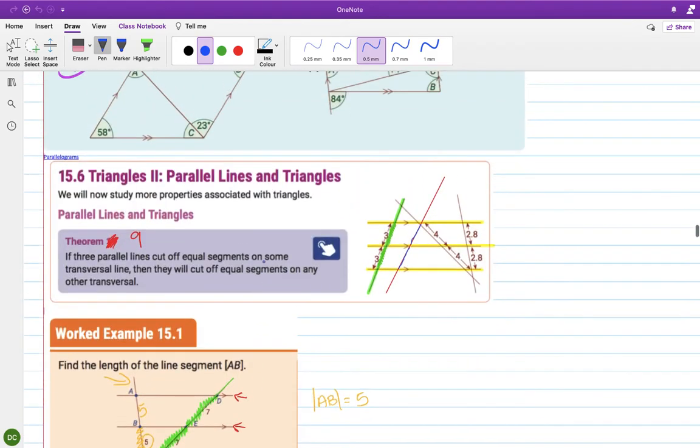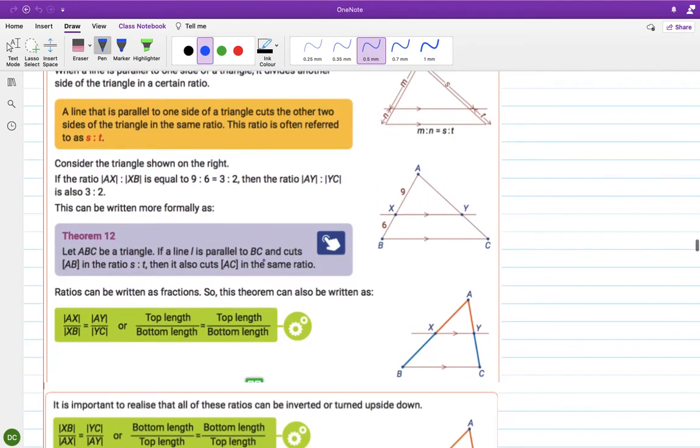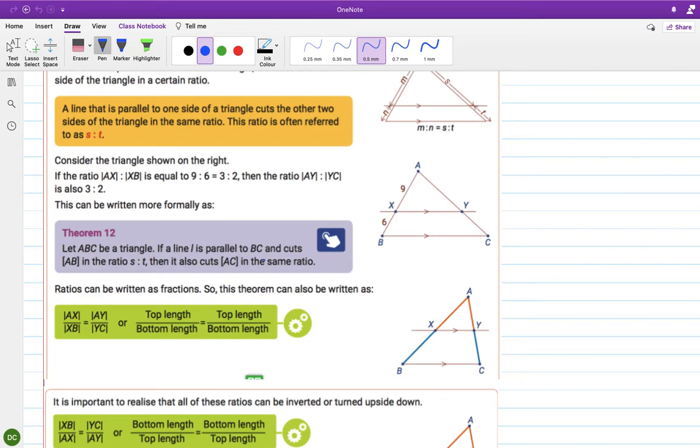Okay, so theorem 10, our 10th theorem. It says let ABC be a triangle. If a line L is parallel to BC, okay, so I'm just going to draw this as I read it, all right? So just make sure you can see that. Okay, so we have ABC.